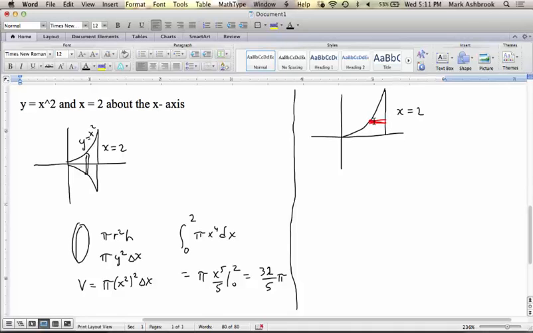Do you get a washer or a disc? Okay, so you imagine this thing being rotated around the x-axis. So when it gets tiered down, it'll be like this, and we're rotating this around like this.